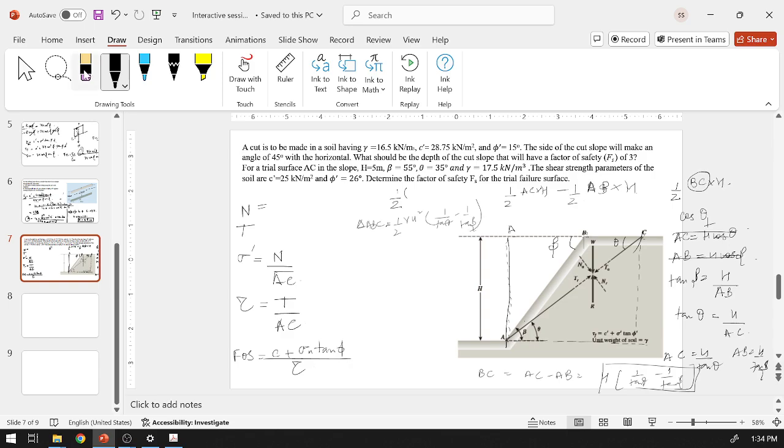Next, what is this length AC? If we take sine theta, we have h over AC, so AC is h by sine theta.